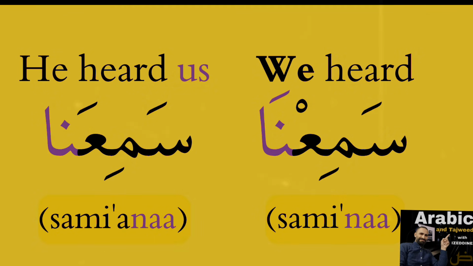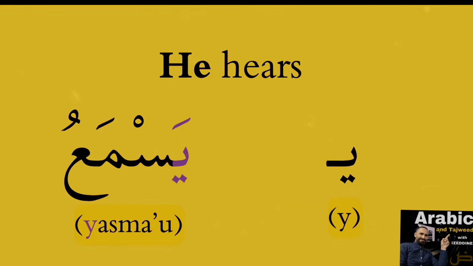Okay, try not to mix between these examples. They are written the same, but they are pronounced differently. سمعَنا, he heard us. But سمعْنا, we heard. Right? Try to pay attention to these things.